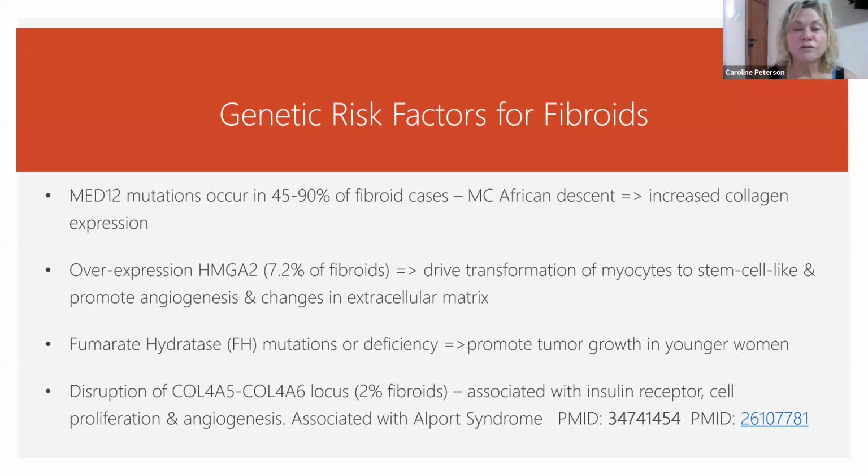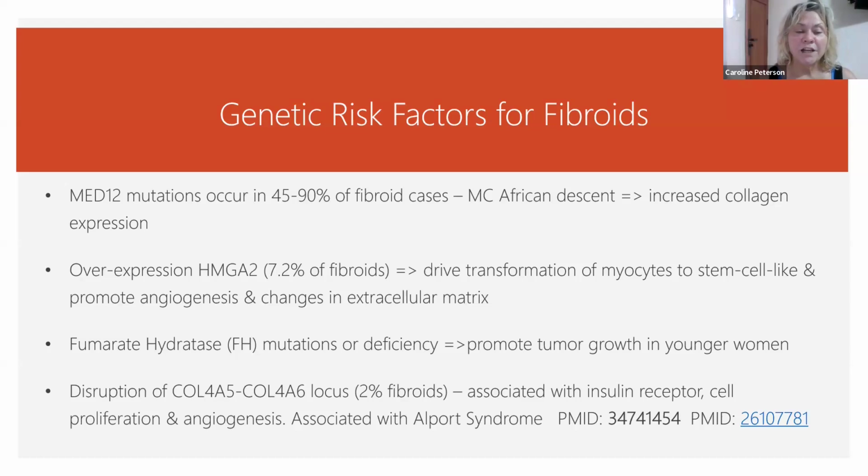Another genetic risk factor for fibroid is overexpression of HMGA2 that is found in about 7.2% of fibroids. And this is what causes the myocytes to change and angiogenesis to occur and throwing more of that extracellular matrix, the collagenous matrix.